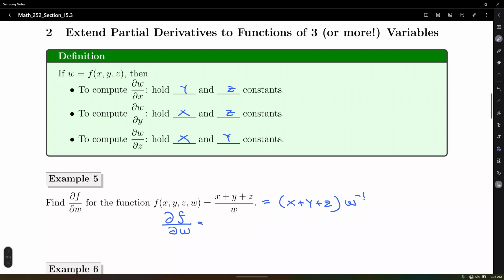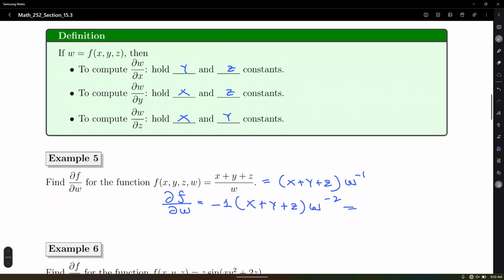That equals the derivative of w to the negative 1, which is negative 1 times x plus y plus z, w to the negative 2. And then let's clean up the negatives and also the negative exponents. So negative (x plus y plus z), the negative accounts for everything here, over w squared. All right?